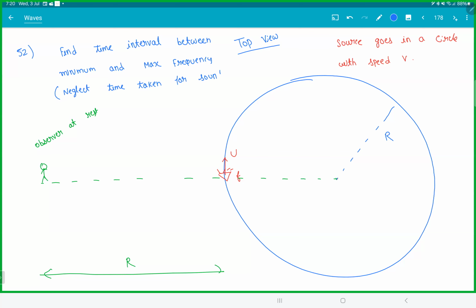Because when sound is released and when it reaches, there's a delay. Sound to reach observer. So we are assuming the moment sound is released, he is immediately hearing it. We are neglecting it. No, it's not higher. C is the speed of sound.